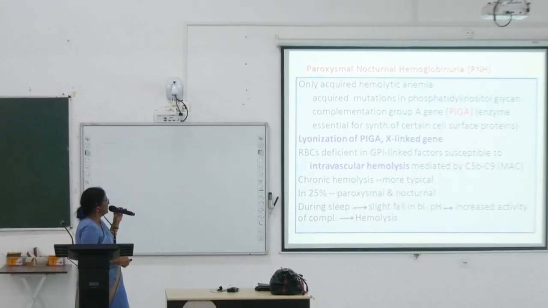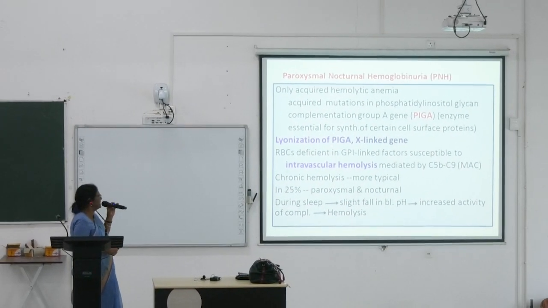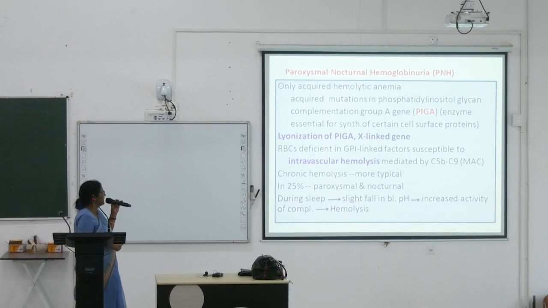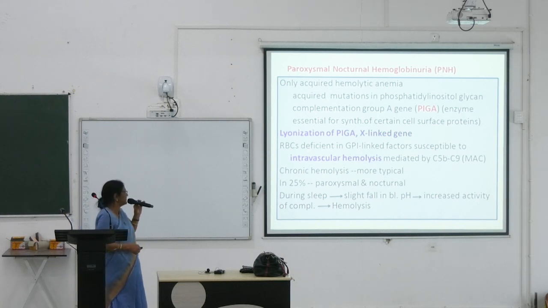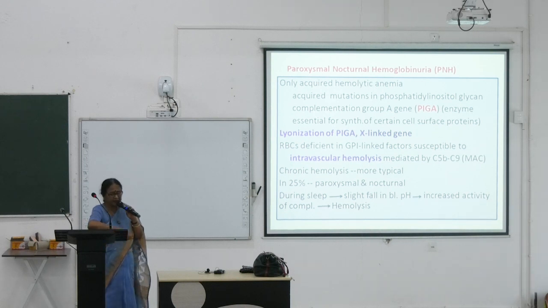So it is due to lionization of the PIGA gene, which is an X-linked gene, and RBCs are deficient in GPI-linked factors, which makes them susceptible to intravascular hemolysis, mainly mediated by the MAC, that is the C5-C9 complex. So now there is mainly chronic hemolysis, which is more typical.